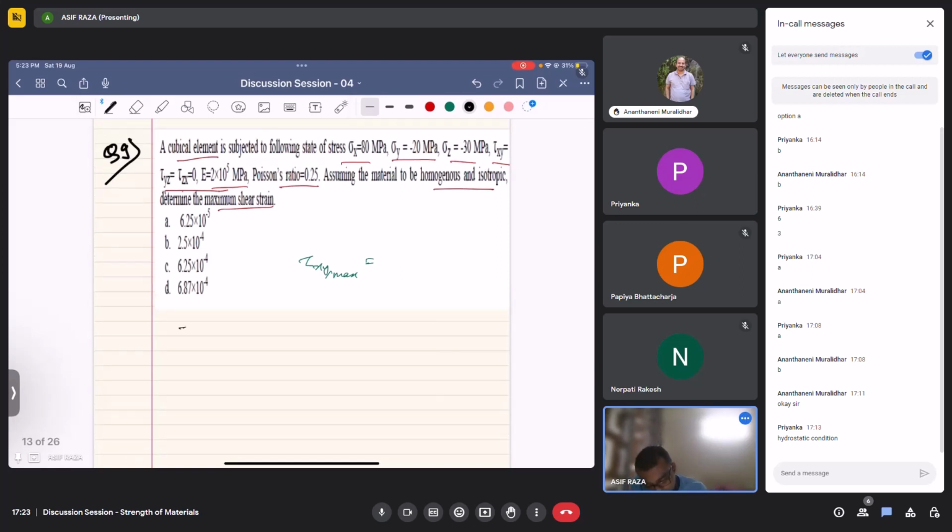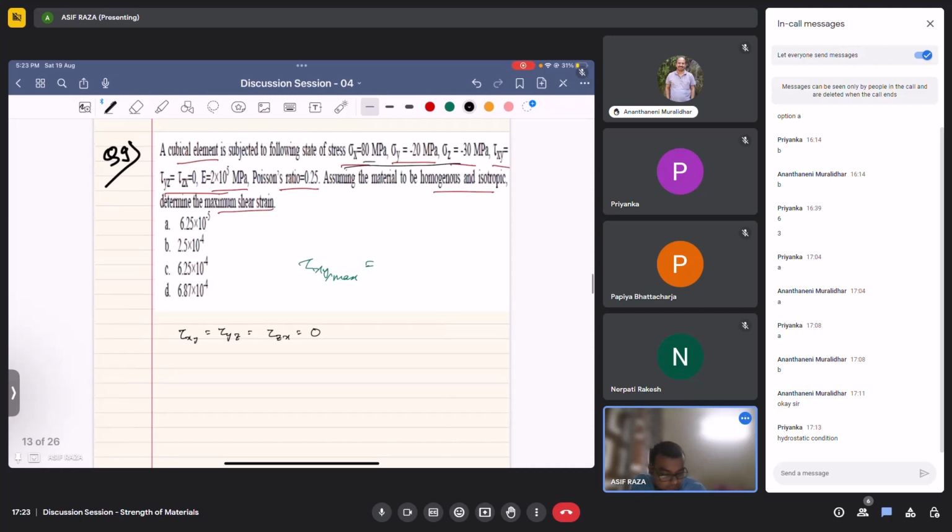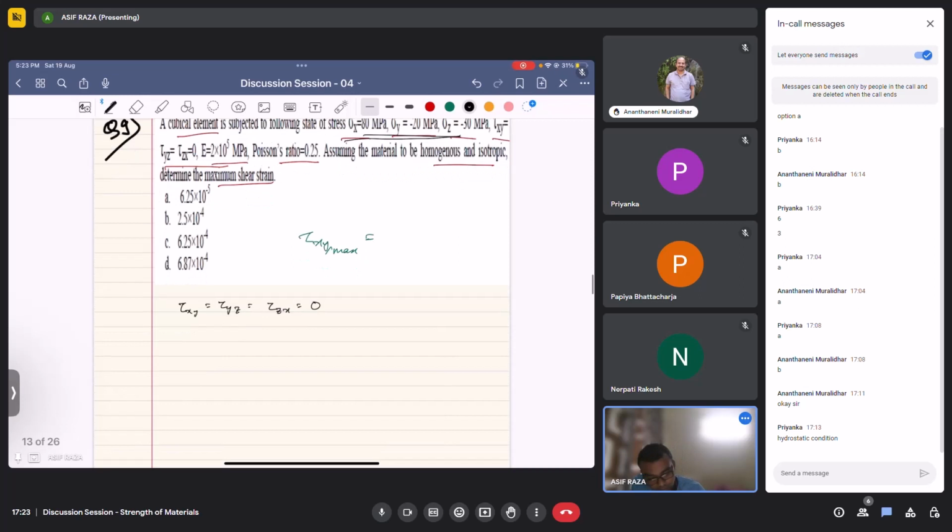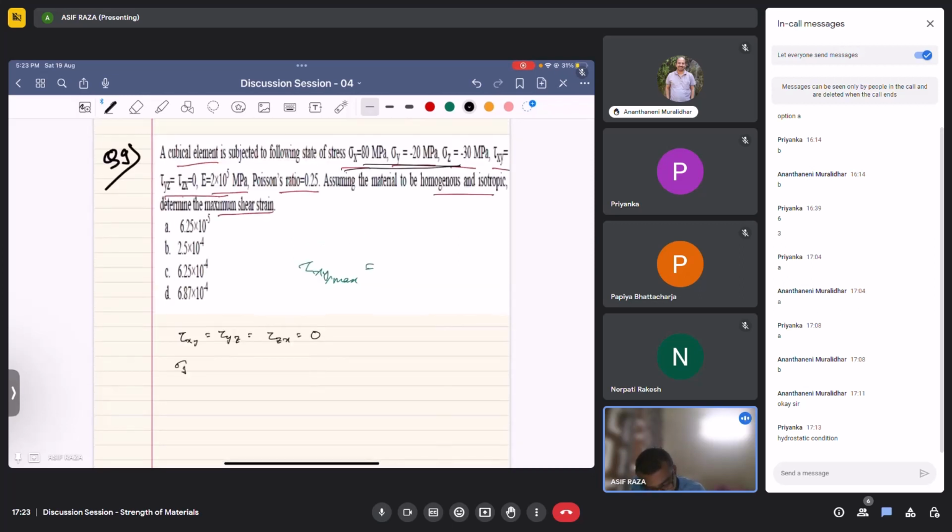Since tau xy, tau yz, and tau zx are equal to 0, these are principal stresses. So sigma 1 is equal to 80, sigma 2 is equal to minus 20, and sigma 3 is equal to minus 30.